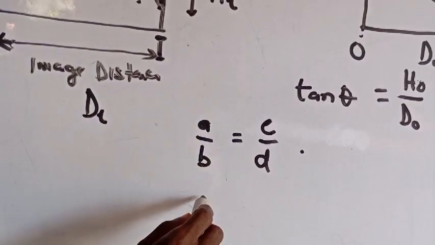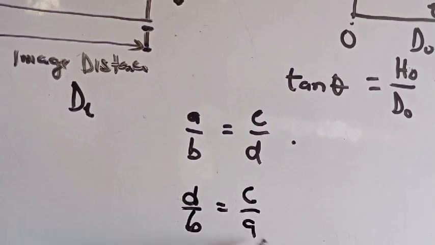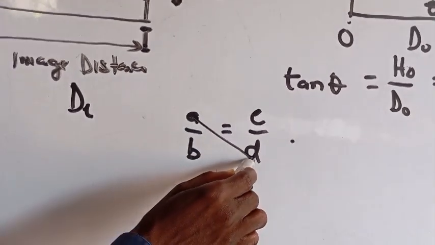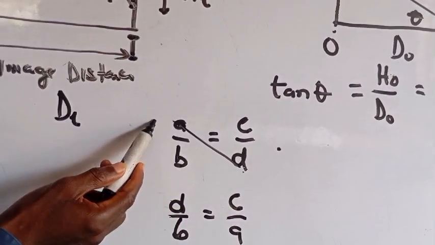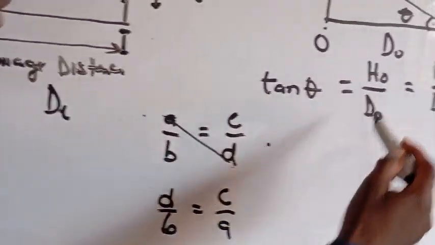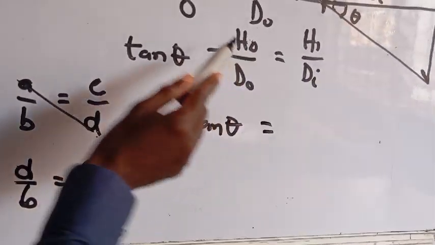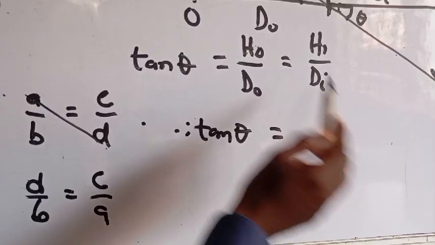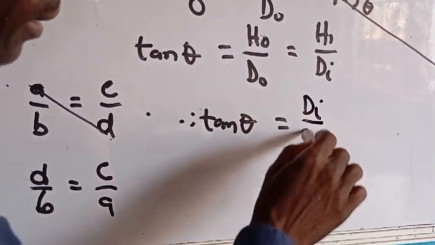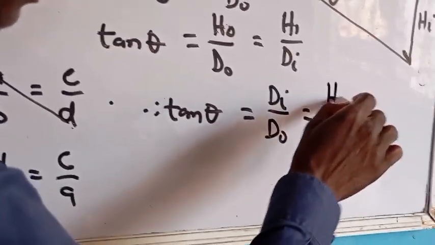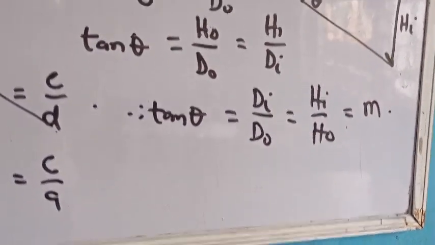In other words, D over B equals C over A, by alternating these two. This is what we did now. So likewise, if I decide to alternate this and this, it becomes this over this equals this upon this, which is the magnification produced.